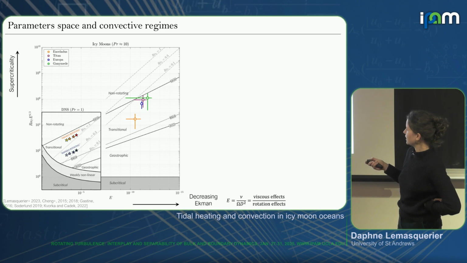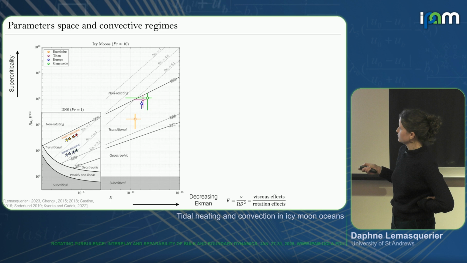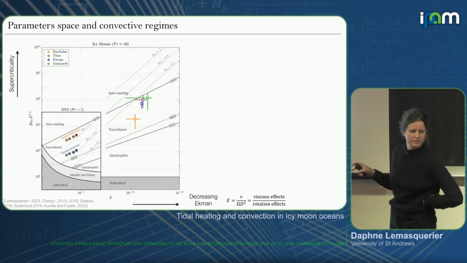It's not clear to me how we should do this. Should we rely on these scaling laws that separate, for instance, non-rotating and transitional regimes to pick our DNS parameters? The problem with this is that you can see the lines of constant convective Rossby numbers are not at all parallel to these scaling laws.